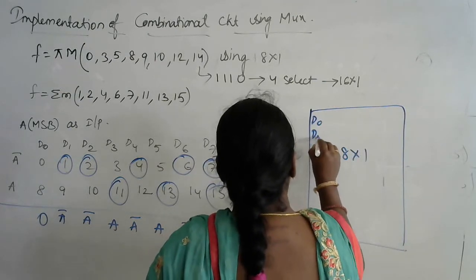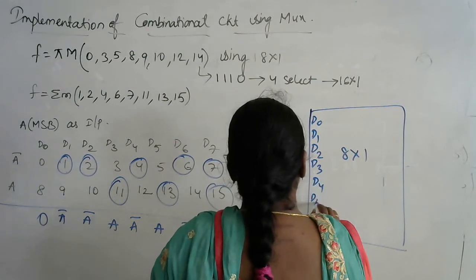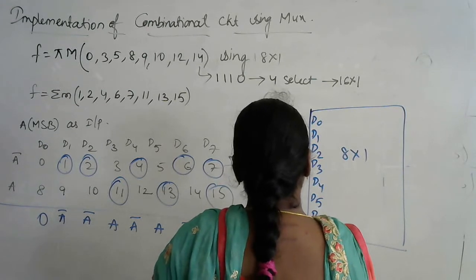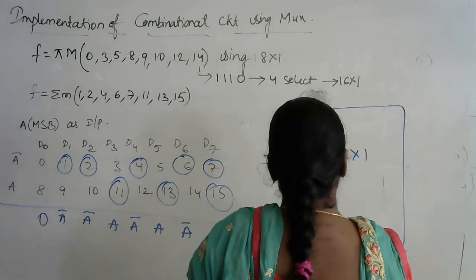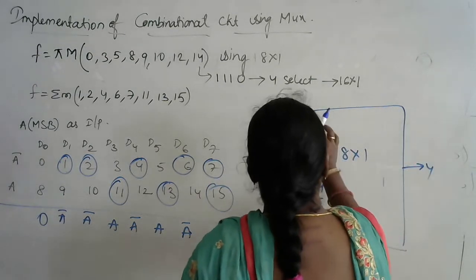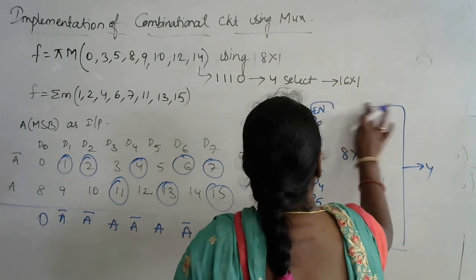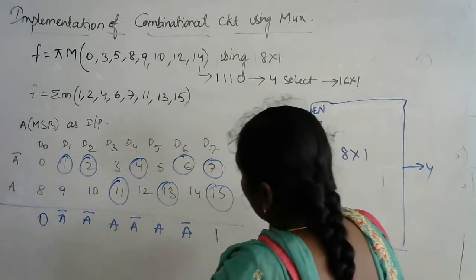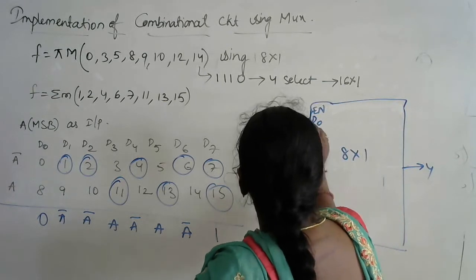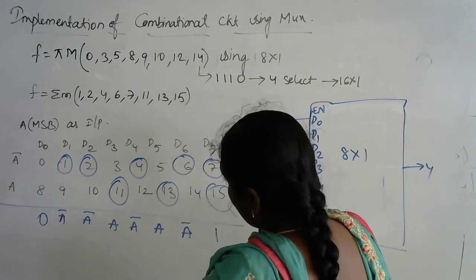D0, D1, 2, 3, 4, 5, 6, 7. Select lines are B, C. Output Y. If you want, you can write down enable. Now, what is D0? 0. D7, 1. Which are A bar?